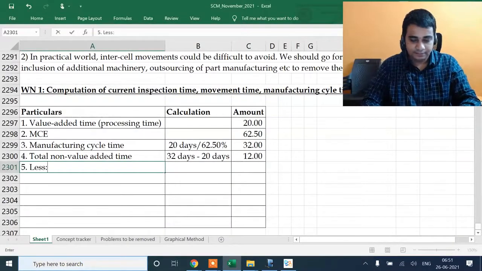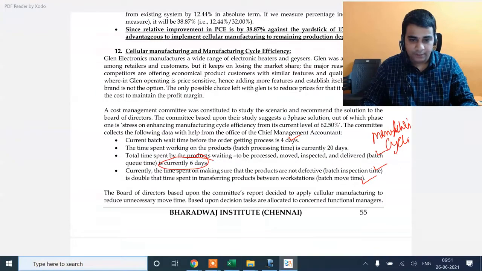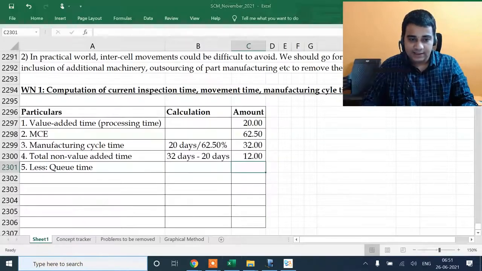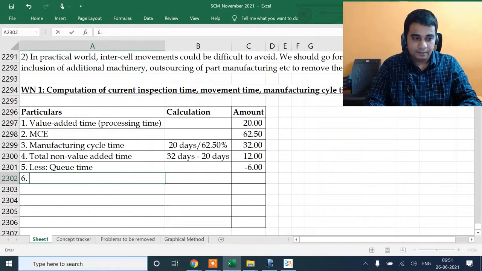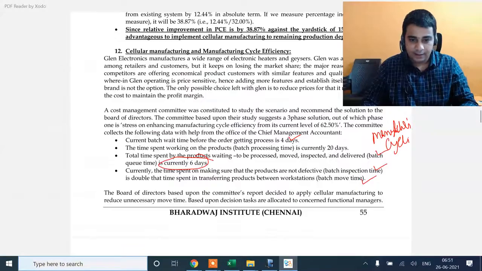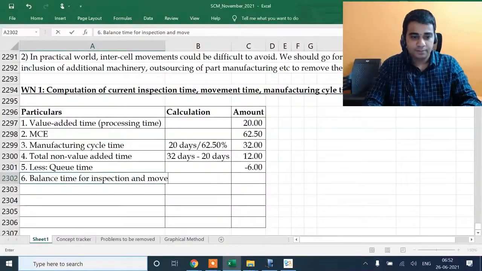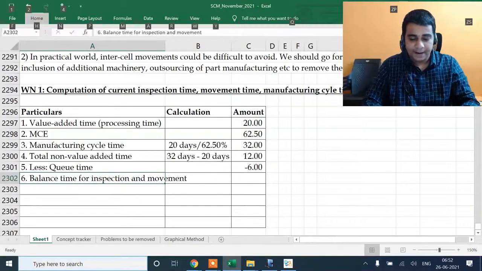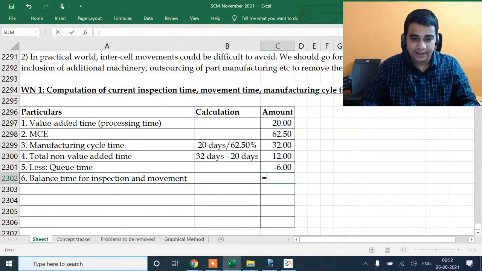Less queue time. We are waiting for the product to be processed, moved, inspected, delivered. In all that, 6 days is getting lost. Balance time for inspection and movement is 6 days.